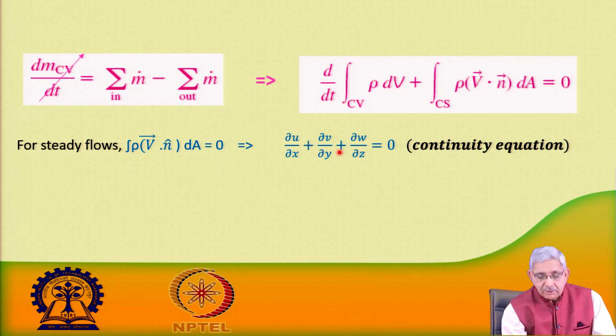So, finally, when this becomes 0, this equation can be written as del u by del x plus del v by del y plus del w by del z equal to 0, where velocity u is in the x direction, v in the y direction, and w in the z direction, which is known as the continuity equation in differential form.